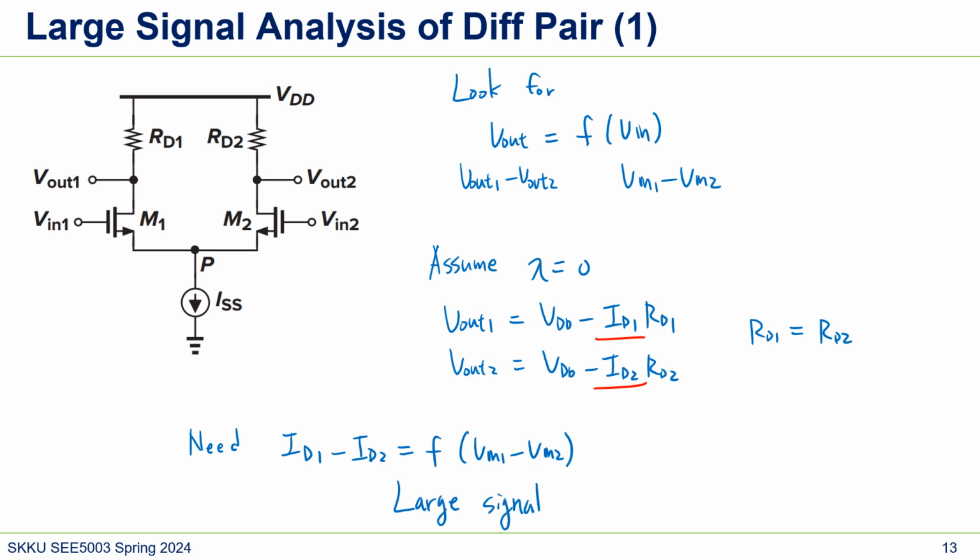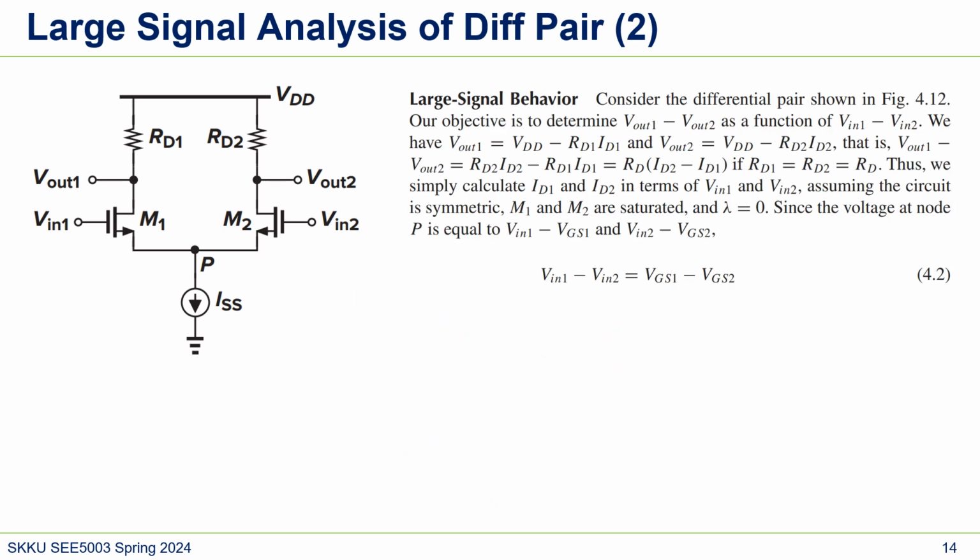So from here we're going to look at the output current. I brought this paragraph from the Razavi book. It shows what we discussed in the previous slide, that V out 1 minus V out 2 is a function of ID1 and ID2, that is, ID2 minus ID1.